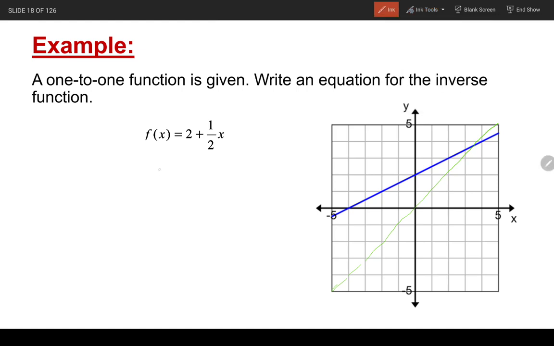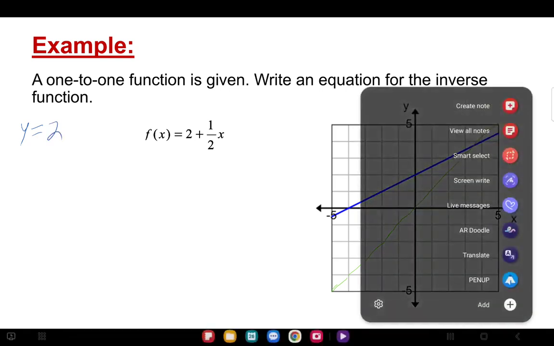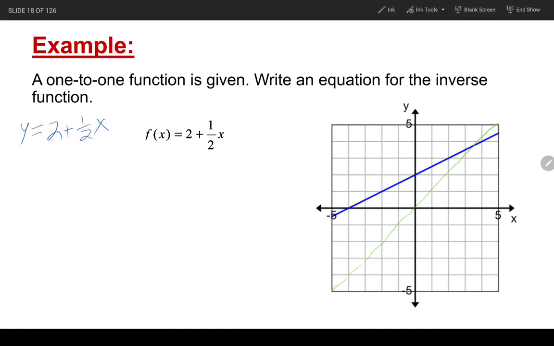So that's this one. So the first thing we do is we say y equals 2 plus 1/2 x. And then we're going to switch things, right? That's the idea.